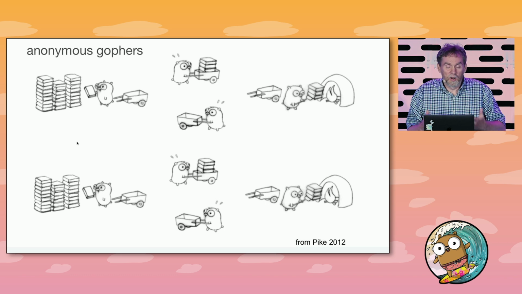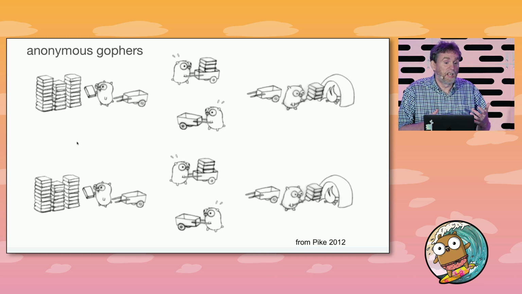All very good. So this idea, anonymous gophers, they don't have names. They just do their jobs. Here are the kinds of jobs they do. But if you look a little closer, we've got to be sure we understand how this picture is modeling how a Go program works. Your Go routine is not like an anonymous gopher.